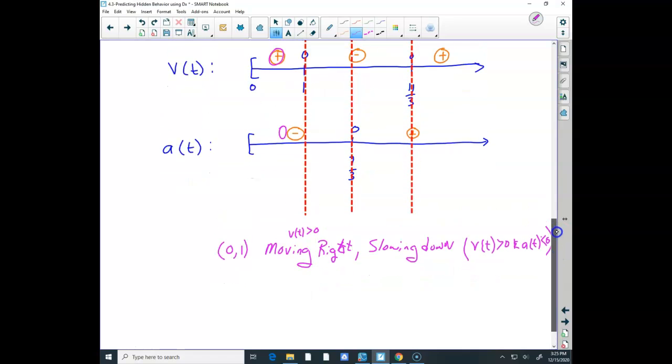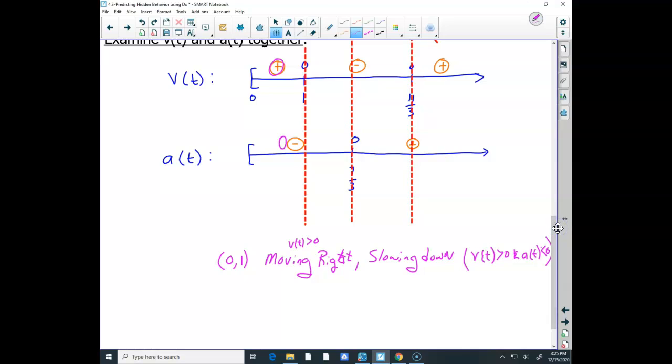As I look at my next interval, from 1 to 7/3, what am I doing? Now I'm moving left, because v of t is negative, and my acceleration is negative, so I'm moving left and speeding up. I speed up because my signs are the same. This is negative on this interval.